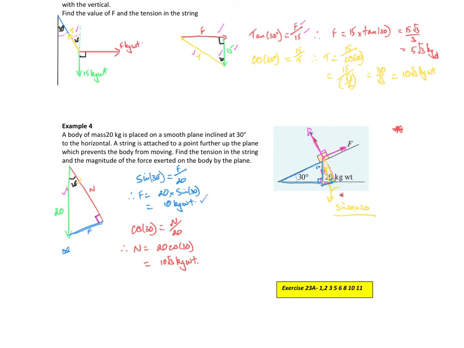So F is equal to 10 kilogram weight. The normal reaction, adjacent over hypotenuse, N is equal to 10 root 3 kilogram weight. All right, so it's just about creating that triangle with our forces and then using our trig knowledge to solve that. Righto.